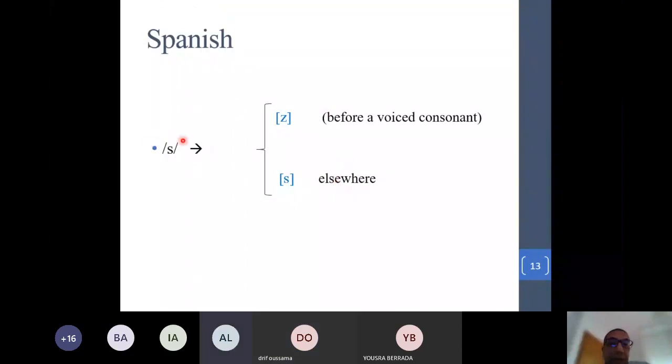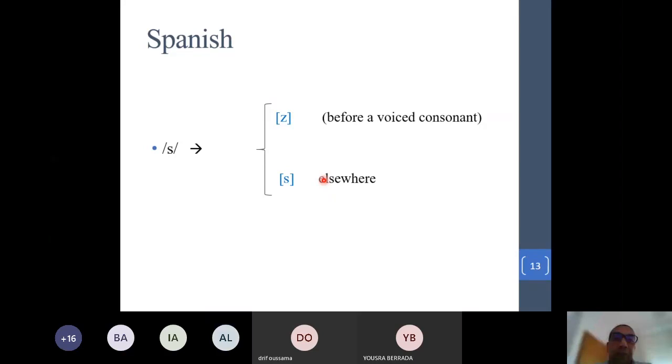S is the phoneme, and it is voiced when it occurs before a voiced consonant. We have not talked about the rule behind this change.